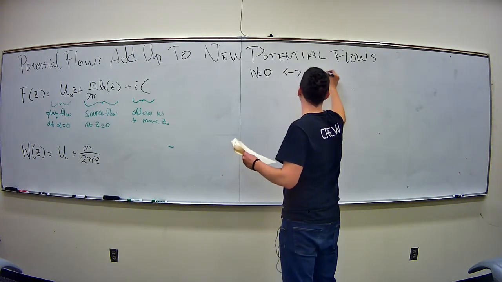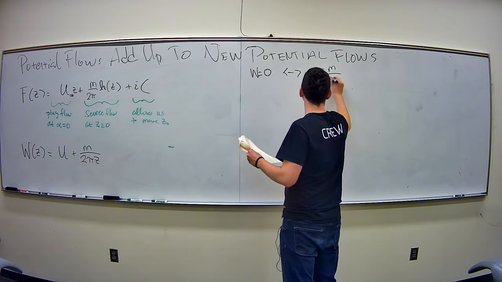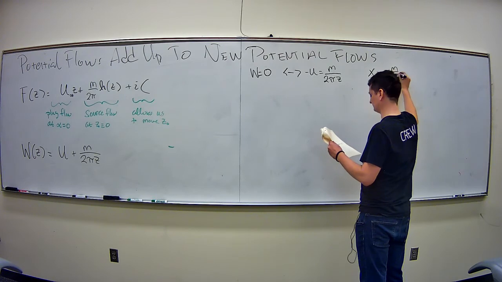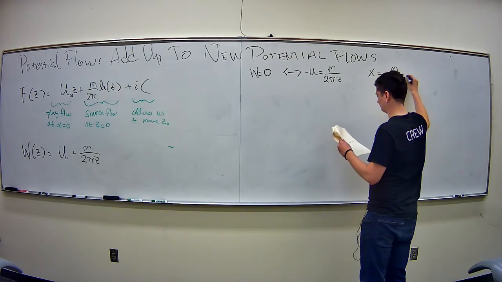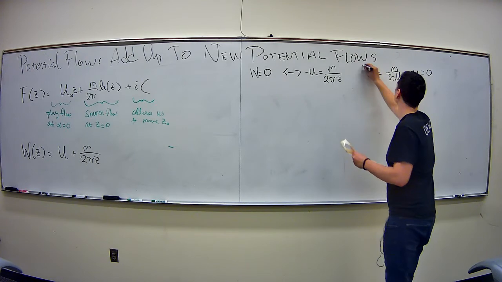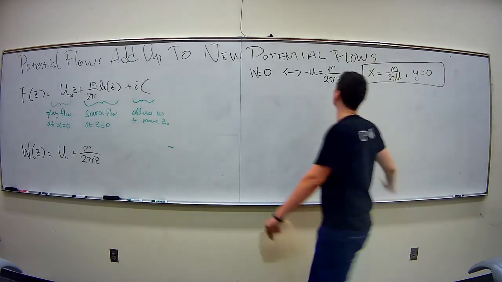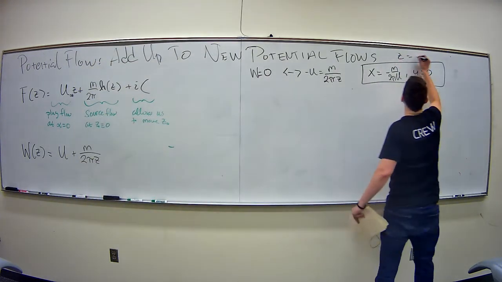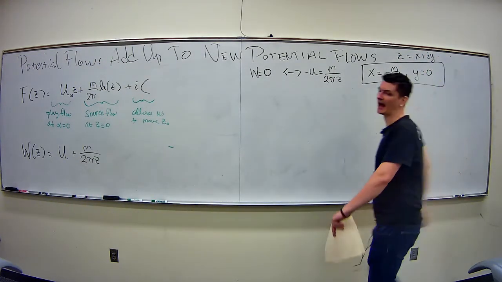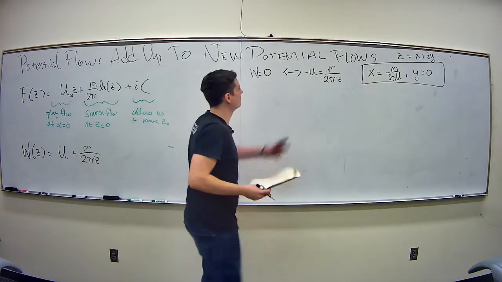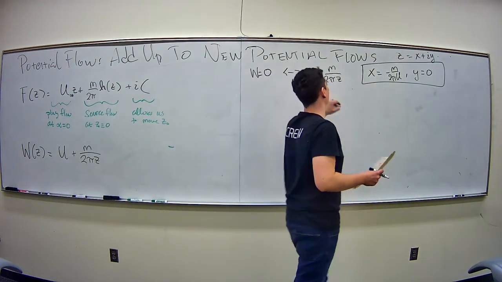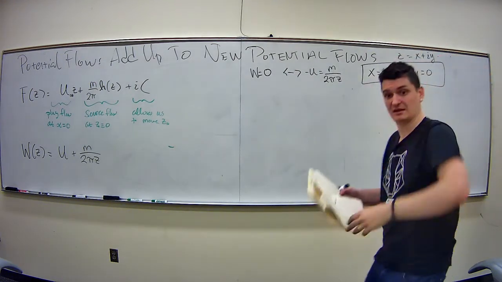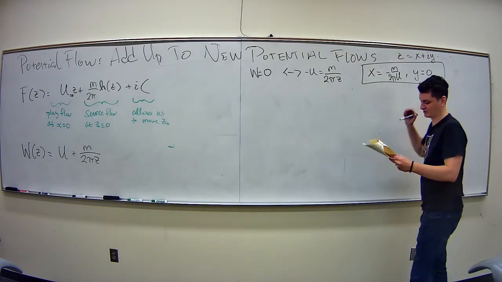That means this expression, because z is equal to that, has to be 0. So I can move this and solve for these points x and y in the complex or Cartesian plane. If I do that, I can solve for where the stagnation is occurring.